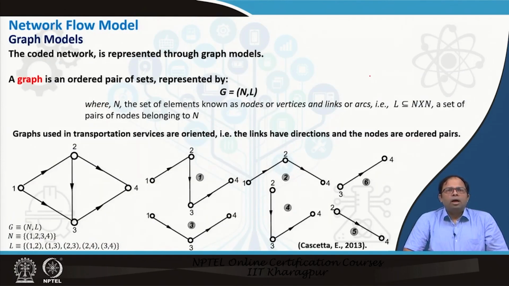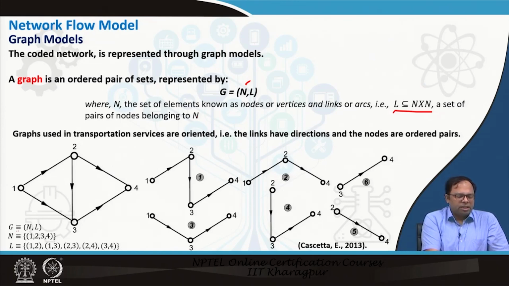So, when we do graph models, a network can be represented in graphs, and the coded network can be represented through these graph models. A graph is an ordered pair of sets represented by G equal to (N, L), where N is the set of elements known as nodes or vertices, and L is a set of links or arcs, where L is a subset of N times N. So, N times N is the number of total links possible, and this is a set of pairs of nodes belonging to N. This is how we represent the entire network.